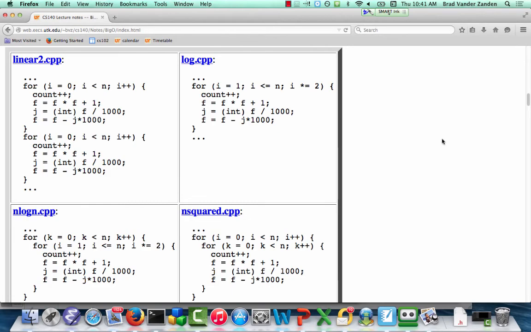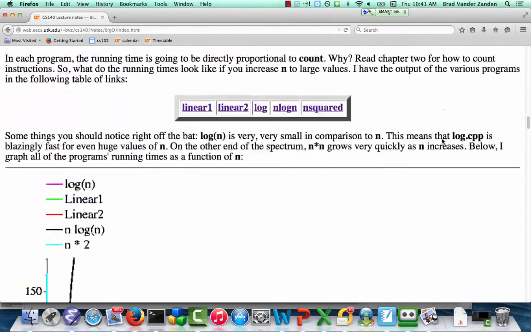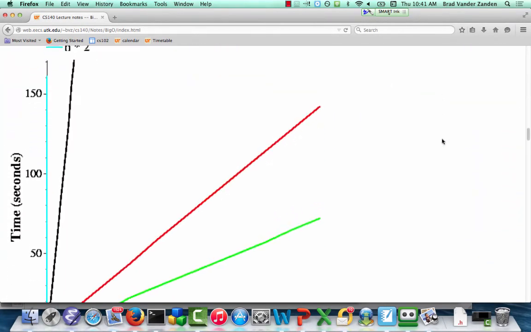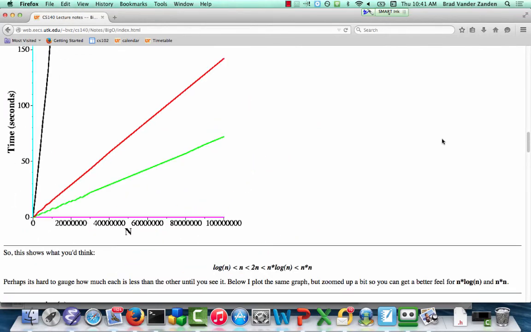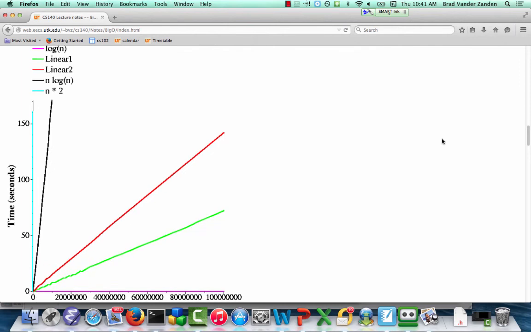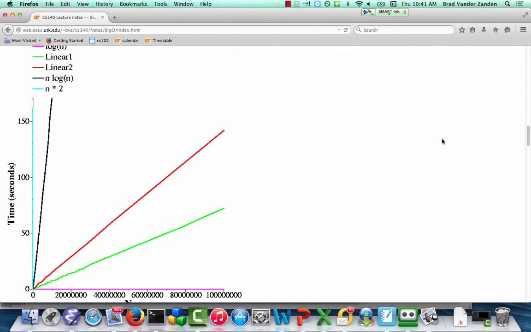Okay. So taking a look at the different running times, Dr. Planck graphed them. And what you can see, log n sitting there on the axis, never seeming to move above 0.